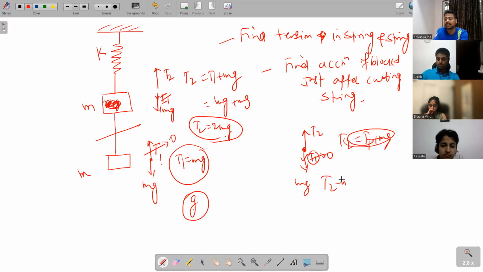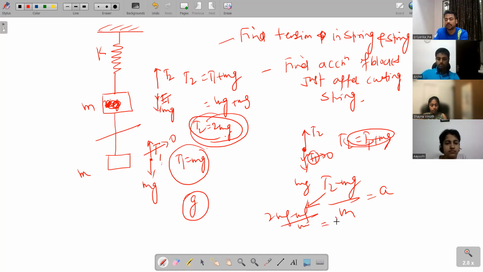So T2 minus this force upon mass would be acceleration, isn't it? And T2 you have 2 mg. So just put 2 mg here. 2 mg minus mg upon m. So g. So the acceleration of the lower block will be g downward, and the acceleration of the upper block will be g upward, isn't it?